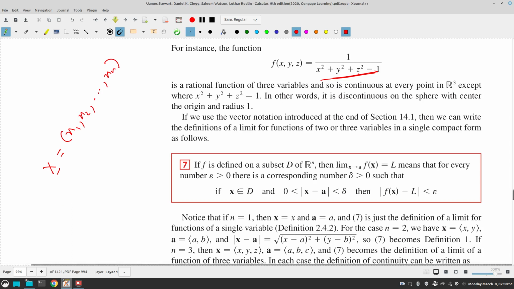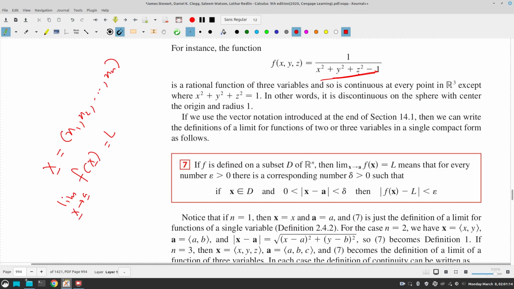So we say that the limit as x goes to the vector a of f(x), so we've studied n equals 2, and we've just now looked at n equals 3, is equal to L. So remember, the argument is a vector, and this is equal to L.